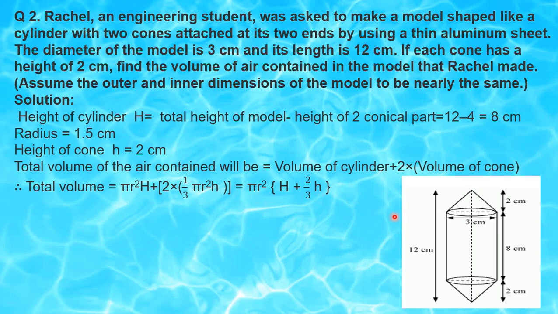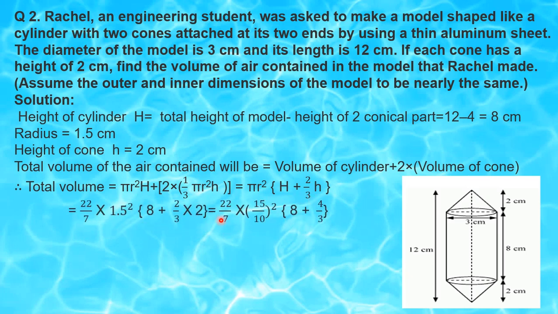So, as the radius of both the solid cylinder and the cone are equal to 1.5 centimeter, we can take pi and r square common from both the two terms. So pi r square is common. Capital H plus 2 by 3 small h is the rest quantity inside of the bracket.